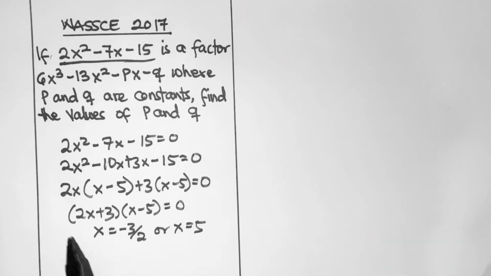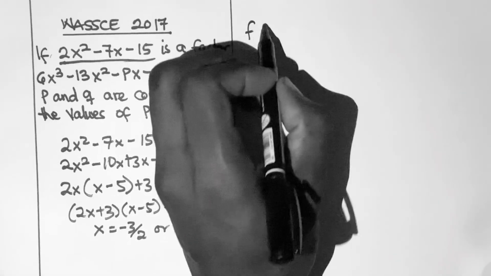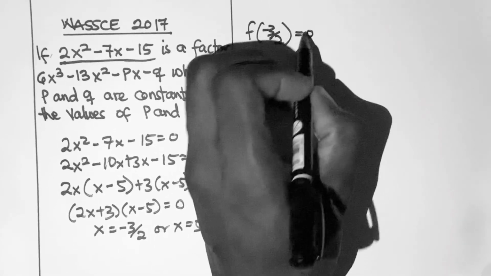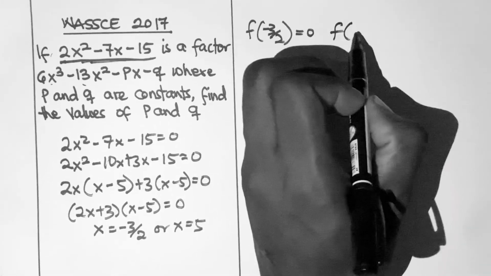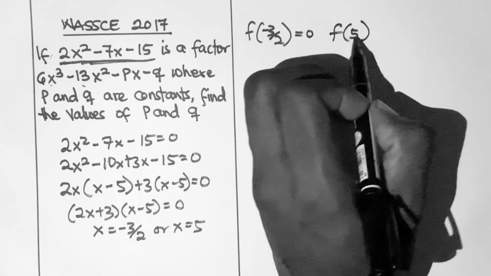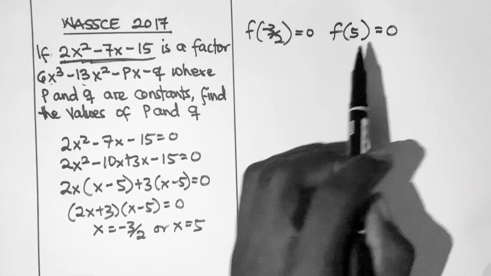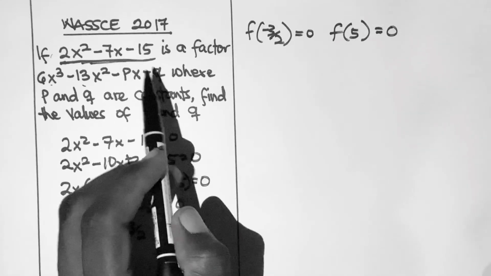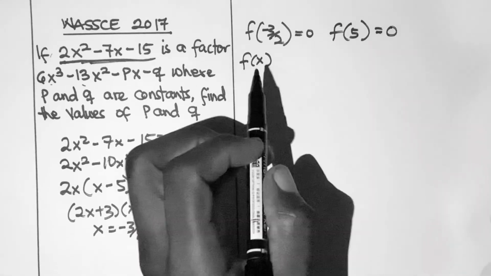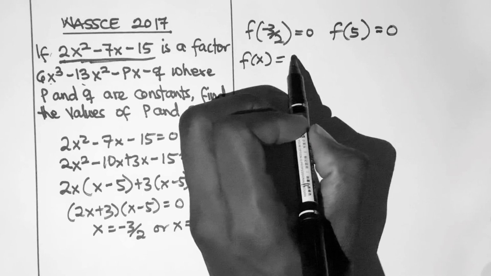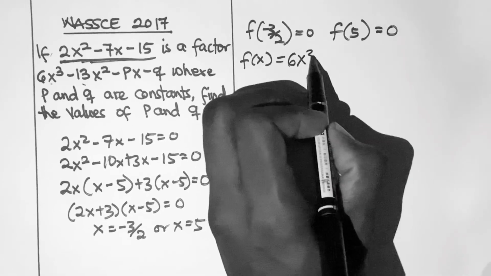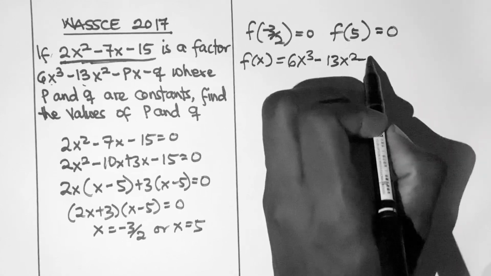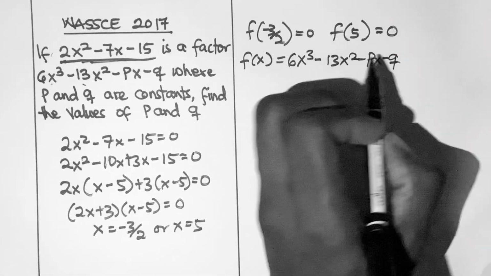So now what this means is that f of minus 3 over 2 is equal to 0, and it also means that f of 5 is also equal to 0. So we can use this to write equations of two unknowns and find p and q. So let f of x be equal to the polynomial, which is 6x cubed minus 13x squared minus px minus q.